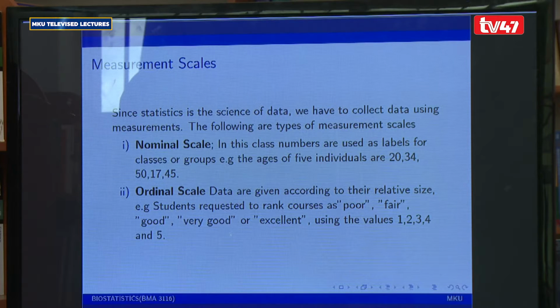One, nominal scale. This is where you just have values. Nominal means numbers, like weight of people. Someone weighs or has a mass of 50 kgs. Another one has 60. Ages. We have someone whose age is 20, 34, 50. Another 17, 45. That is a nominal scale if your data is being recorded in that manner.